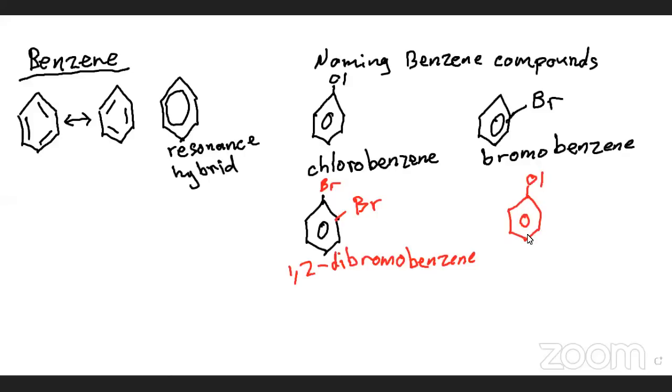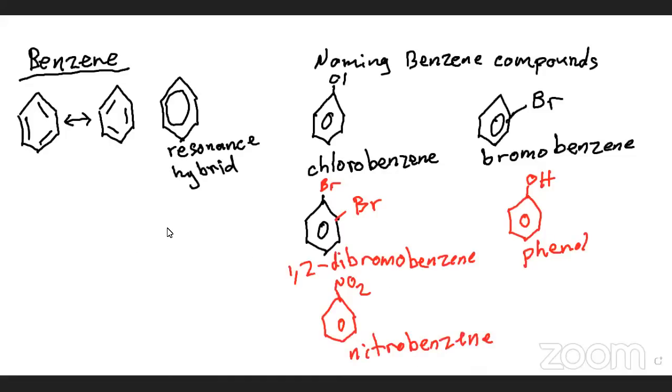The benzene ring with an OH group, we call it phenol. Benzene ring with an NO2 group, that is nitrobenzene. Benzene with an amine group, for this one, it's called phenylamine.